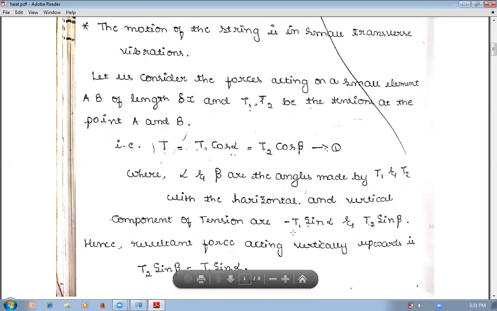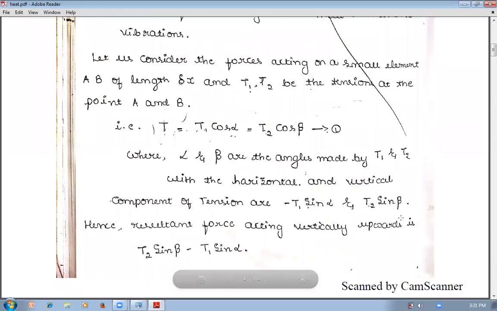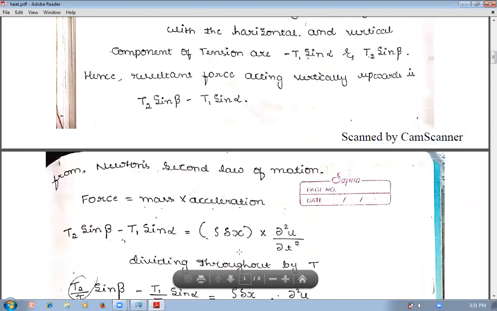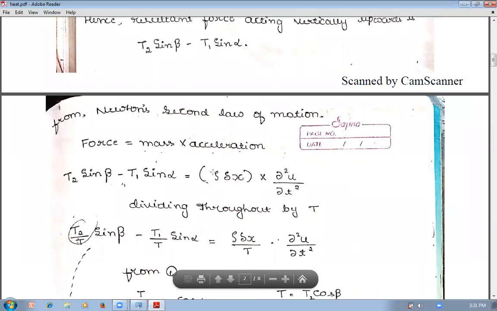Components of tensions are minus T1 sin alpha and T2 sin beta. The resultant force acting vertically upwards is the sum of the two tensions, T2 sin beta minus T1 sin alpha. We know Newton's second law of motion, force is equal to mass into acceleration.